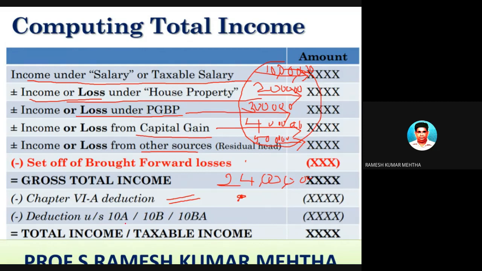Number two, if you have any deductions under section 10A, 10B, and 10BA and allied, you can deduct them from these 24 lakhs. After you deduct the deductions under chapter 6A and under 10A, 10B, and 10BA, you will get the total taxable income of 24 lakh rupees minus these deductions.